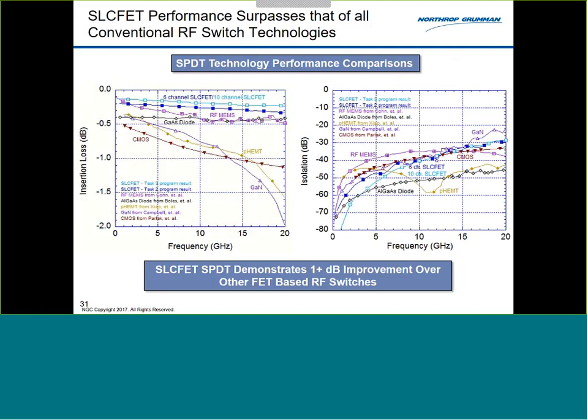Okay, right here, these are the two SlickFETs. This is 10-channel, that's 6-channel. So better insertion loss performance than you can achieve with MEMS, but in a FET. That means you've got the reliability, you've got the speed.